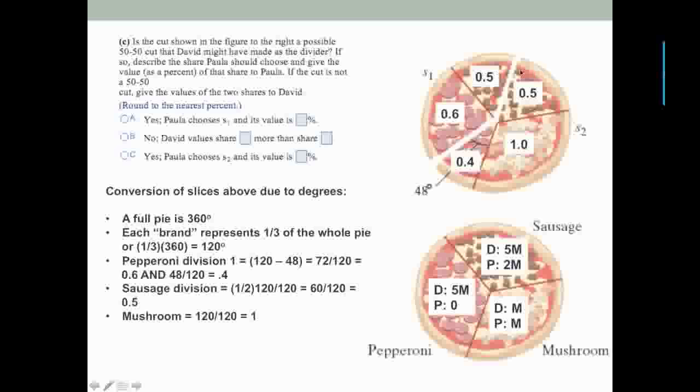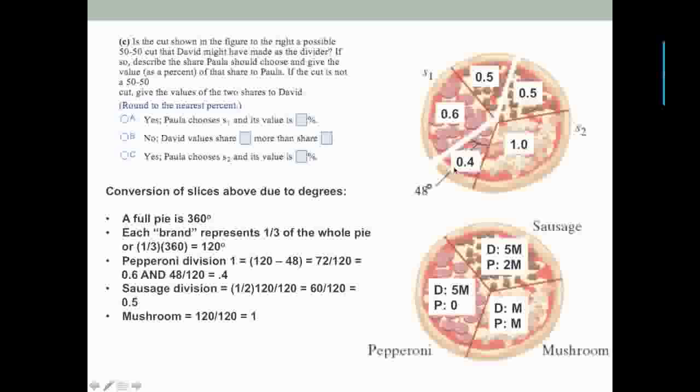And it looks like the sausage is divided in half, so we have 1/2 of 120, or 60 divided by 120, which is 0.5. So that's 0.5 for each slice.